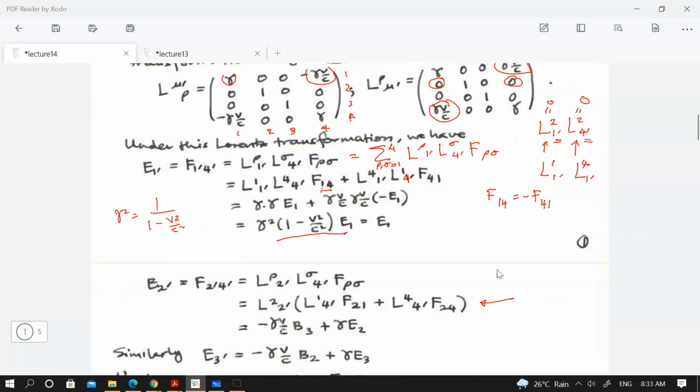I should be having, maybe I should rewrite this again. I should be having L2 2 dash, L4 4 dash, F44, and then this will be F24. I don't know why I'm having this.